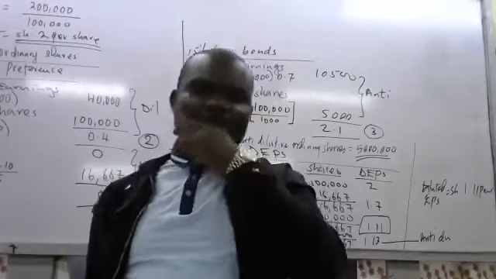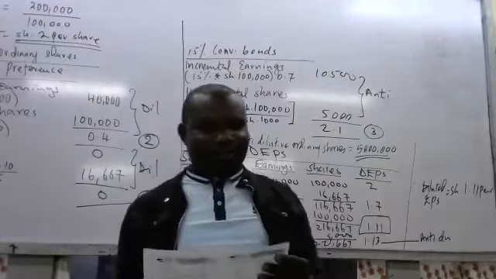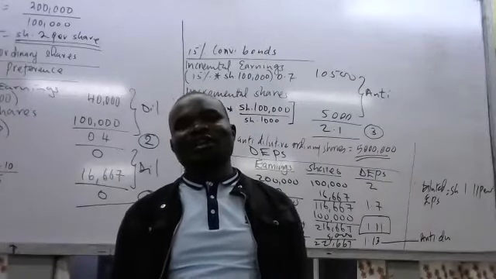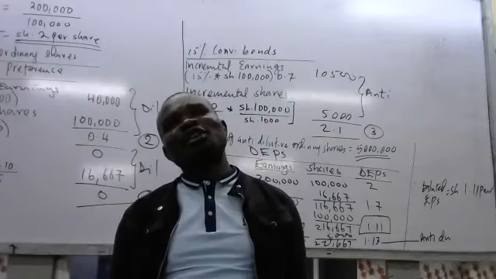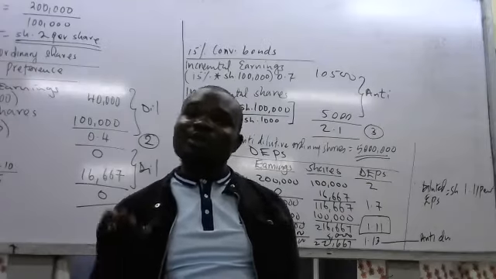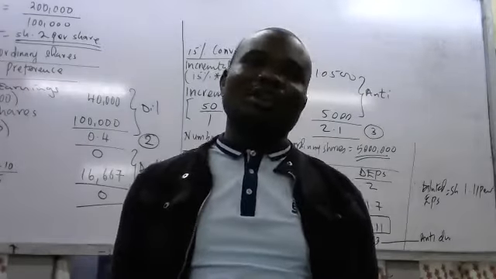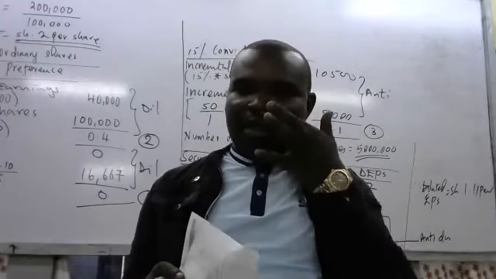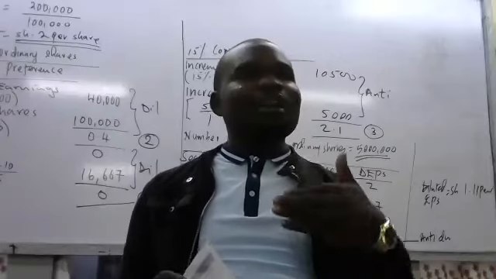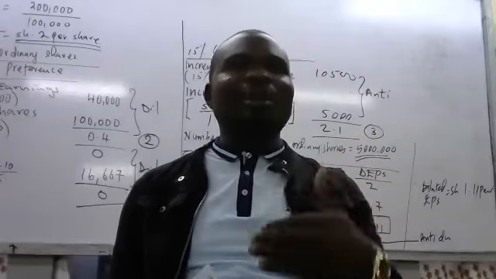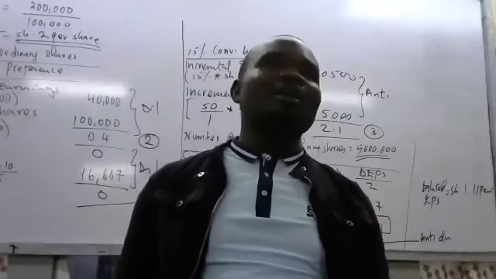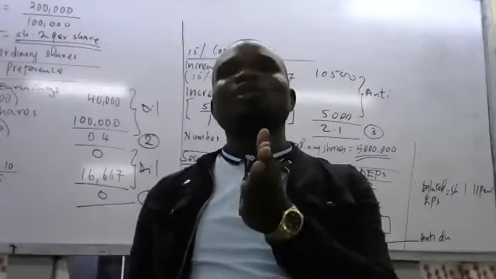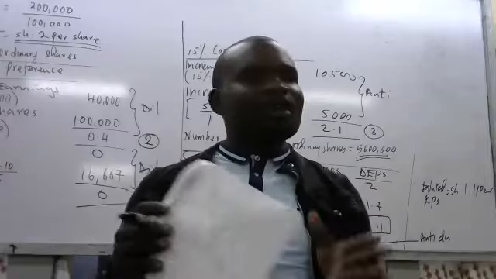Becky is asking, why does the pilot paper not come out? Becky, a pilot paper comes out when the syllabus has been reviewed. Pilot is to show you how the new syllabus can be examined, the nature of the new syllabus.